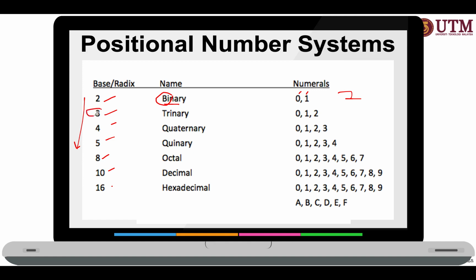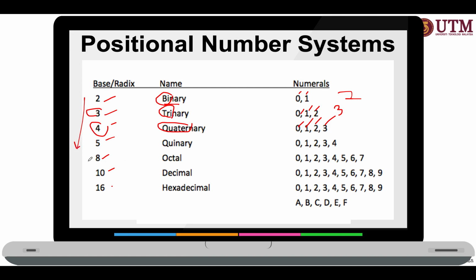For the third, tri in science refers to 3. So trinary has the digits 0, 1, and 2, because it's base 3, so you have 3 digits. And then for 4, which is quarter in science and mathematics, quaternary, we have 0, 1, 2, 3.